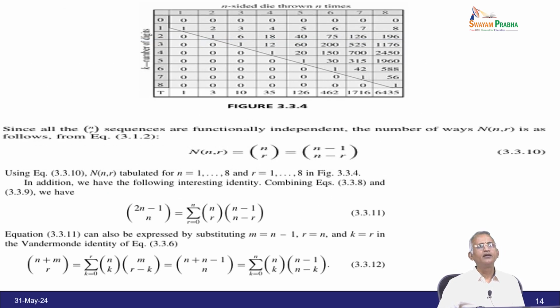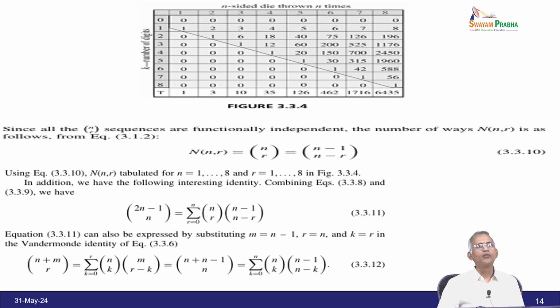Now, we have a picture: an n-sided die thrown n times, taking into account the numbers 0 to 8. Suppose you start with 0. The k number of digits represent column-wise and row-wise an n-sided die thrown n times.